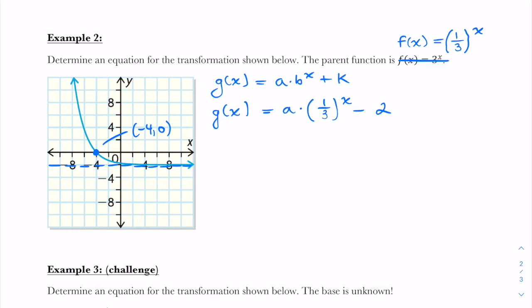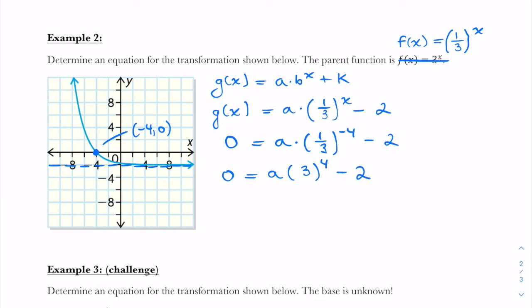We replace g of x with 0. That's the y value, or the output. For x, I sub in -4. And now we solve for a. We have 1/3 to the exponent -4. That's a negative exponent, so I'm going to take the reciprocal of the base, which gives 3/1, or just 3, and that's to the exponent 4.